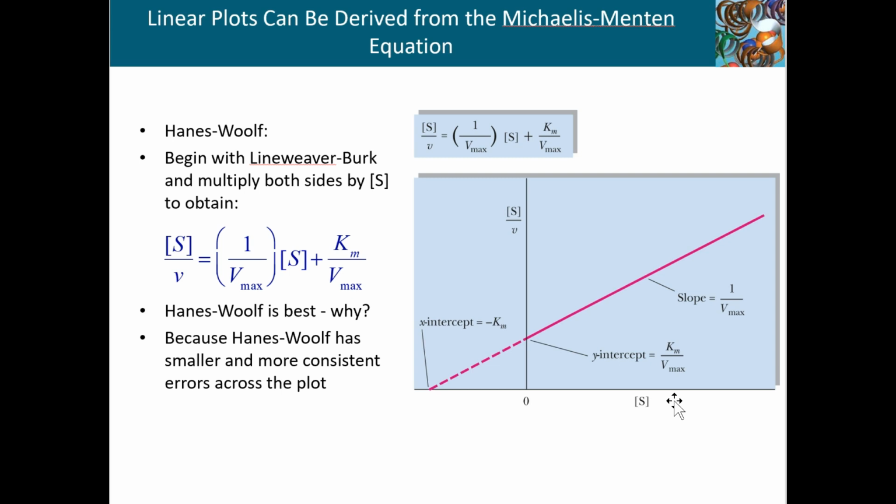Once again, it's a different rearrangement, slightly more complex, but it's still y equals mx plus b, and by plotting substrate concentration on the x-axis and the substrate concentration divided by velocity, so it's normalized, on the y-axis, we can still ascertain Vmax and Km without it being arduous.